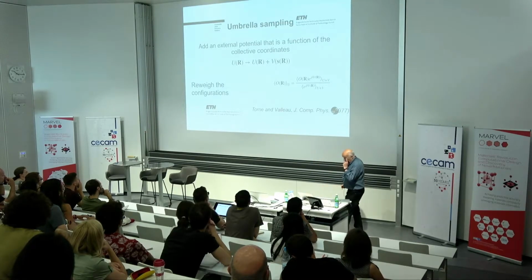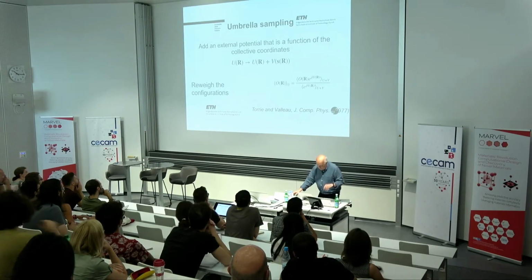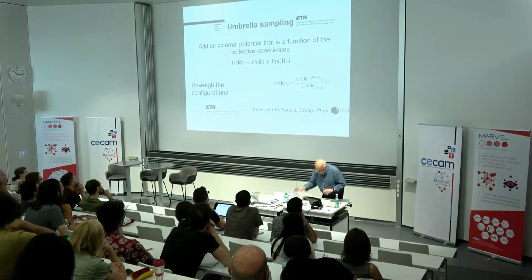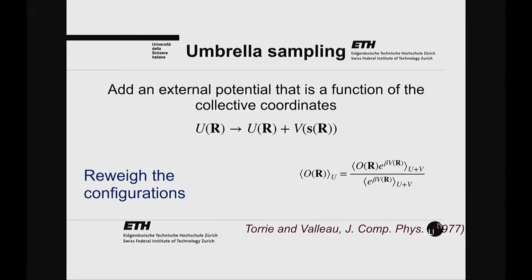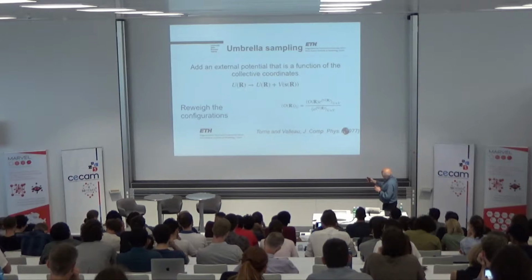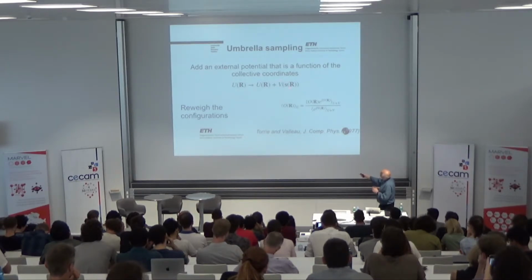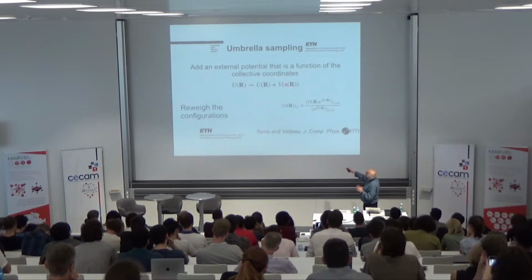Of course, we were not the first to do that, and the mother of all these approaches is a famous paper by Torrie and Valleau many years ago, in which they suggested that the way to sample and determine the free energy is to introduce a potential which is a function of the collective variable.